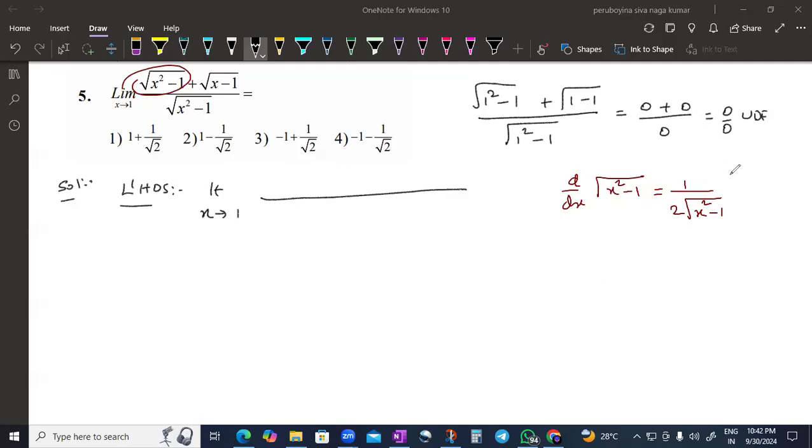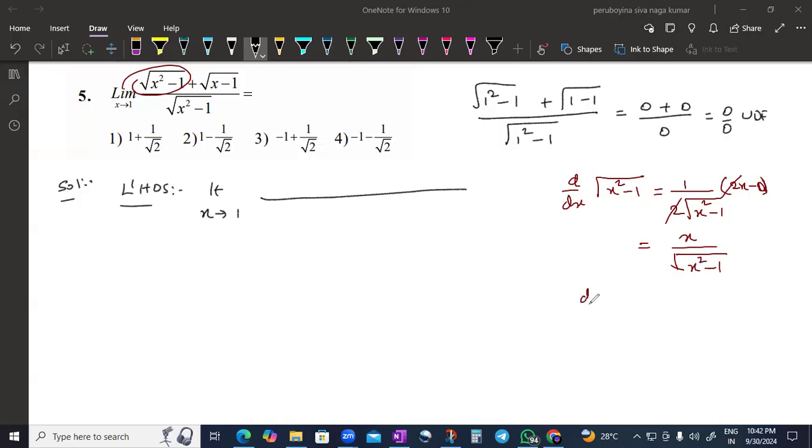But of course it is not. So that's why we again differentiate this x square minus 1. X square derivative is 2x and 1 derivative is 0. So now if you calculate this, 2 got cancelled. So therefore, we are getting x upon root of x square minus 1.